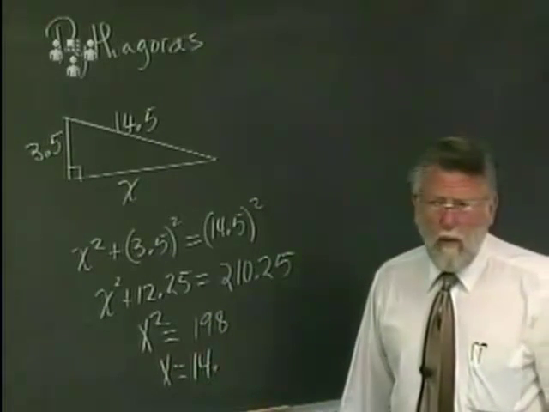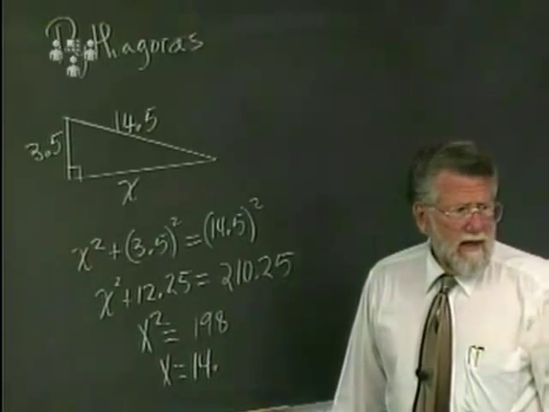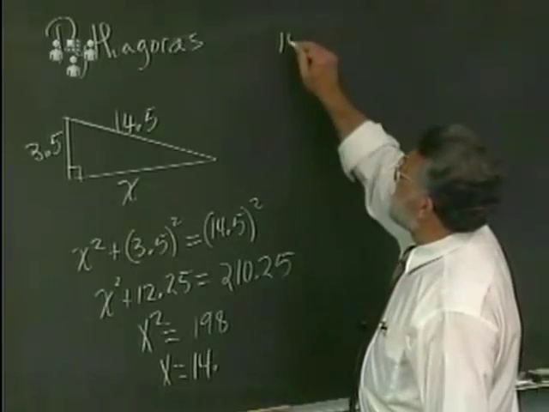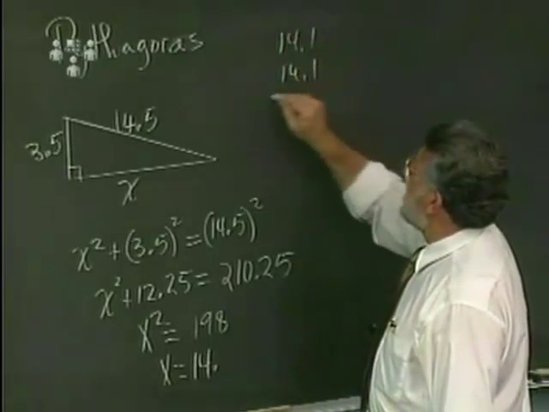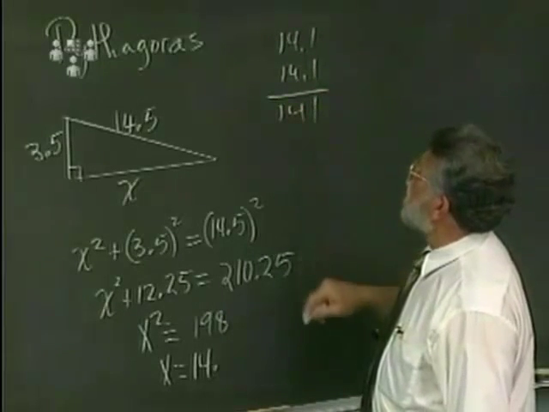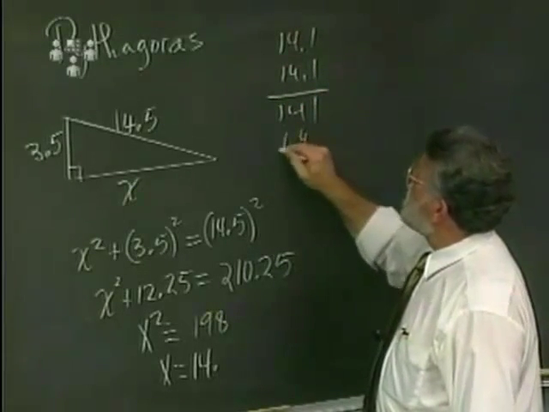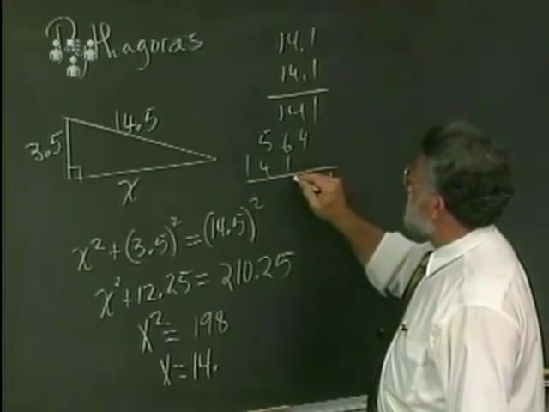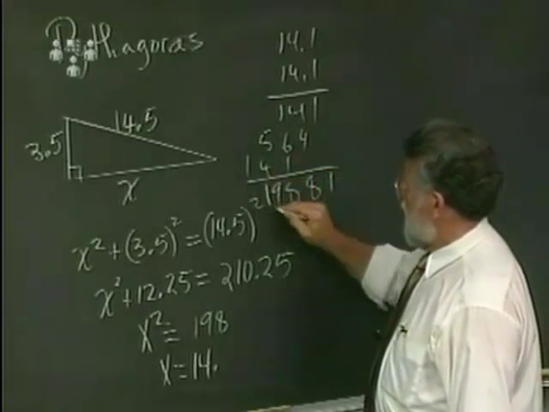Okay, so now I can guess at what, a 1 or a 2? Okay, we guess at a 1. So 14.1 times 14.1, and we see what we get. That's 141, that's going to be a 416.5, and that's going to be a 141. And so that's going to be 187.891.